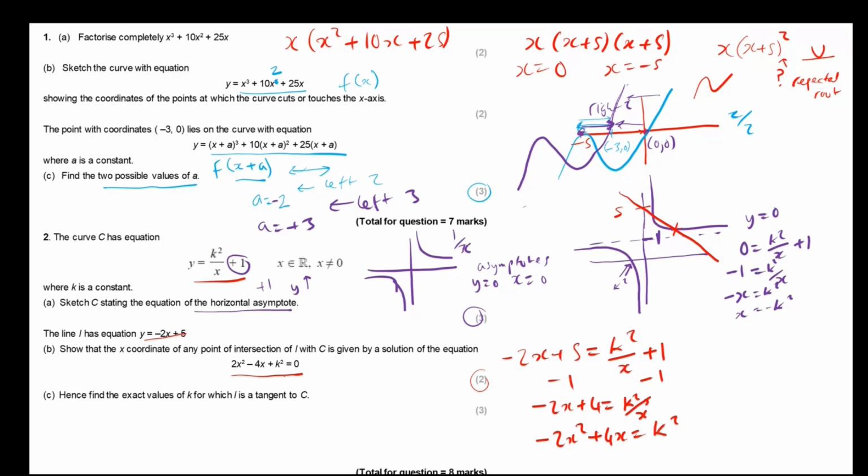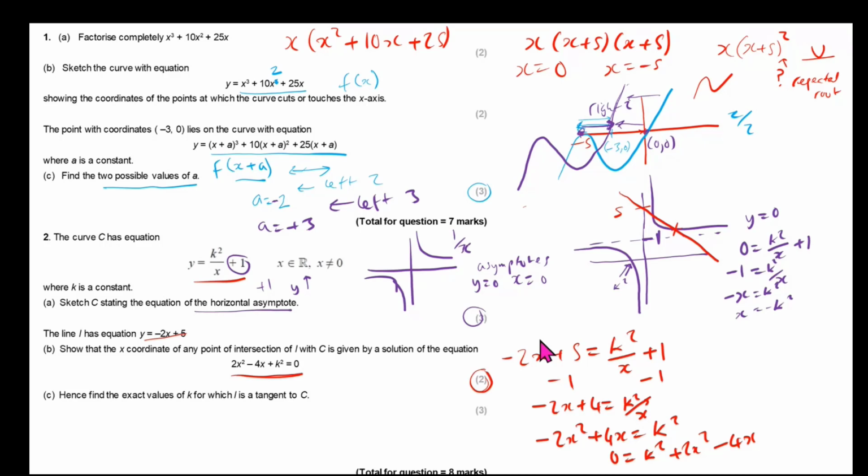And you can see there's a positive k squared here. Bring both of these terms over to the other side, so we get 0 equals k squared plus 2x squared minus 4x. And this is essentially the same as this. And that's the 2 marks that you've all got the knowledge to do. Just a bit of manipulation.